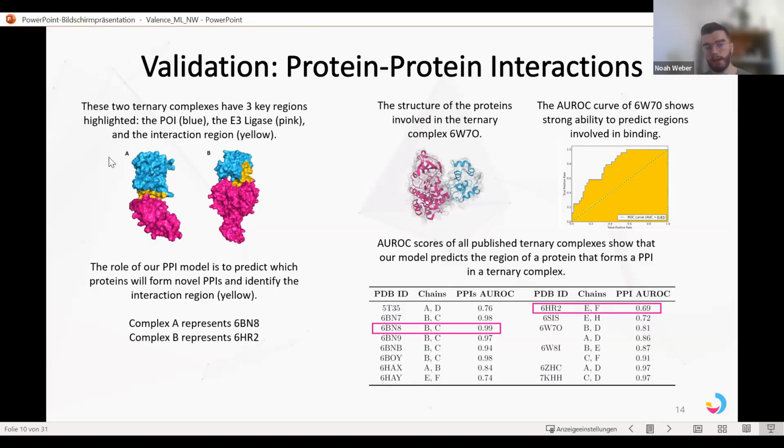So as you see here on the left side, for the protein A and B, you have the complex 6P and 8, and for the complex B, you have the 6HR2. And for these two, we have fairly high AUROC scores. The AUROC scores here are essentially a summary of what happens across all of the surface patches.